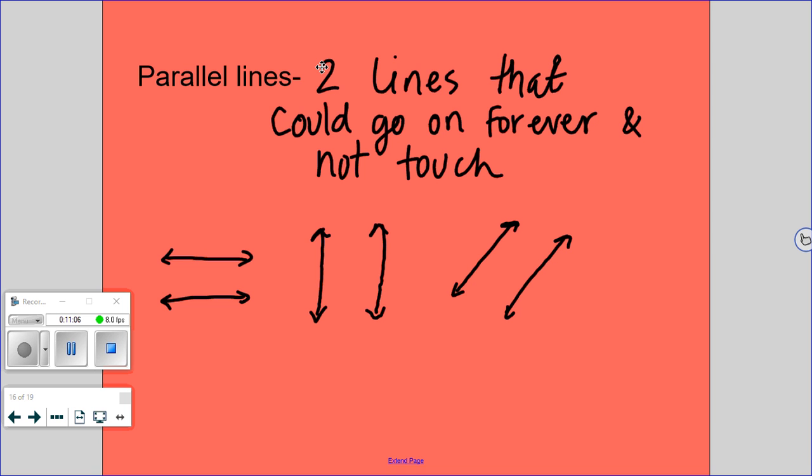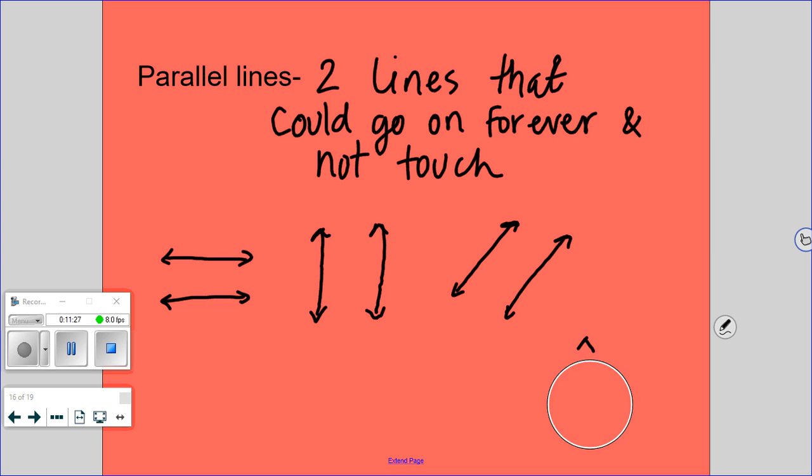Parallel sides are opposite of each other. They're not going to touch. So if I look at a triangle, do I have any parallel sides that don't touch? No. All those sides touch. They'll run into each other at some point.